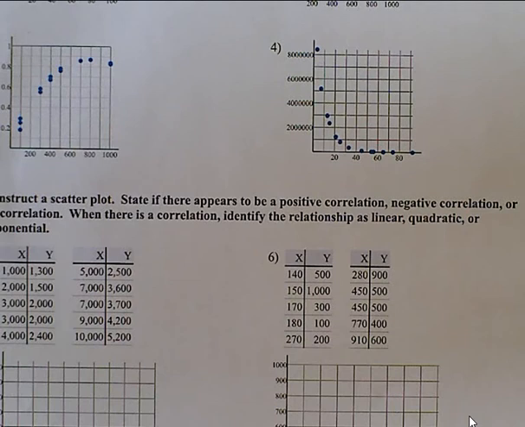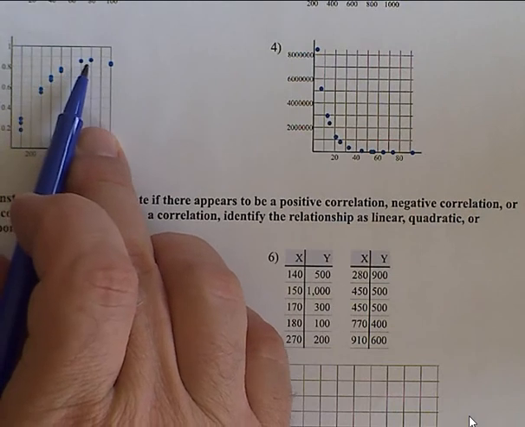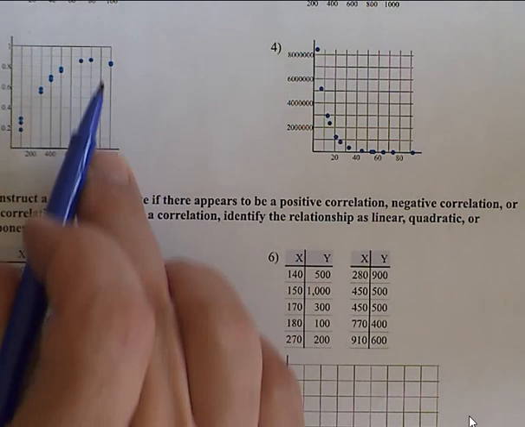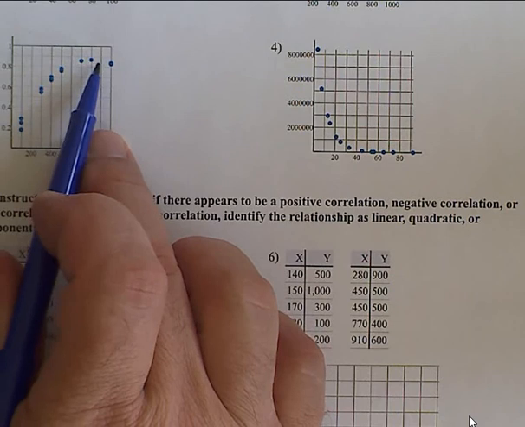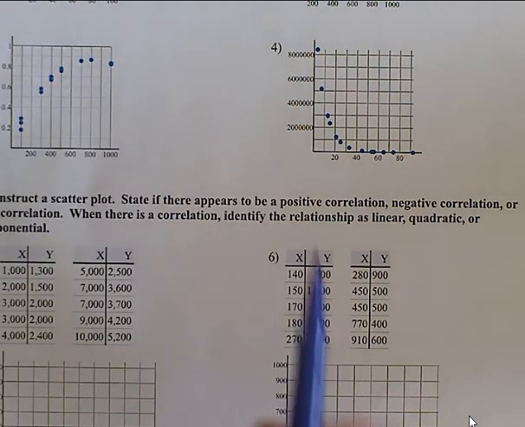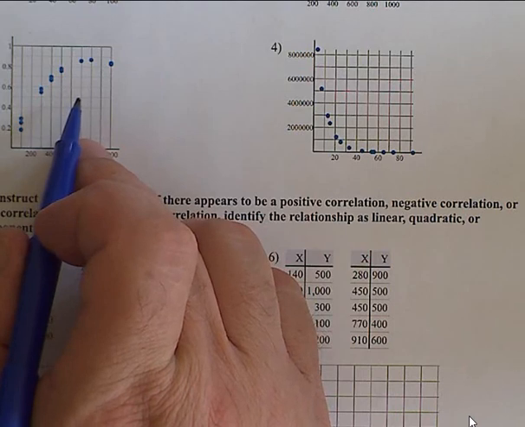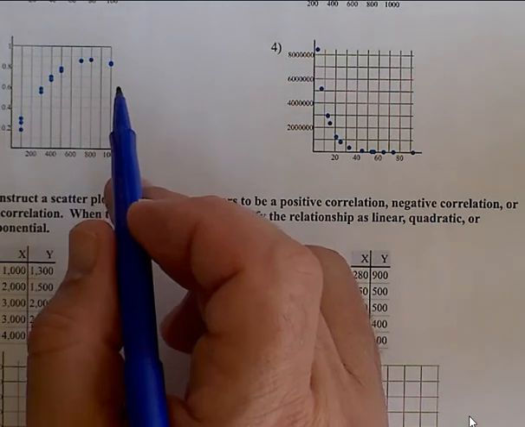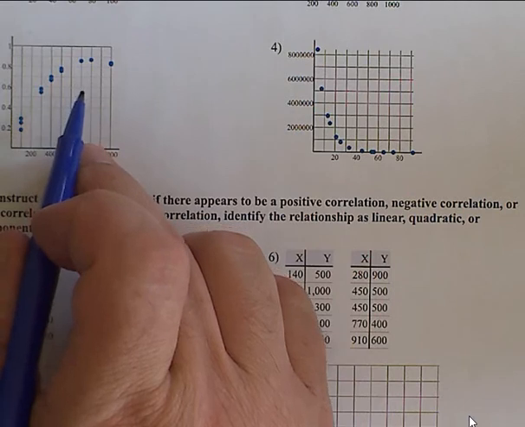If so, what kind? So on number 3, I see it increasing. It hits a peak and then it comes back down a little bit. I don't know what happens past that, but it's not going up anymore. Because it's kind of flattening out like this, getting ready to come back down, I'm going to call this positive, and then I'm going to call this quadratic. This is positive and quadratic.